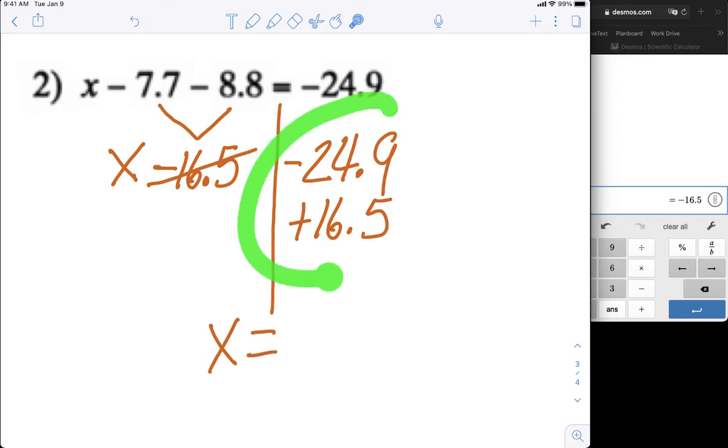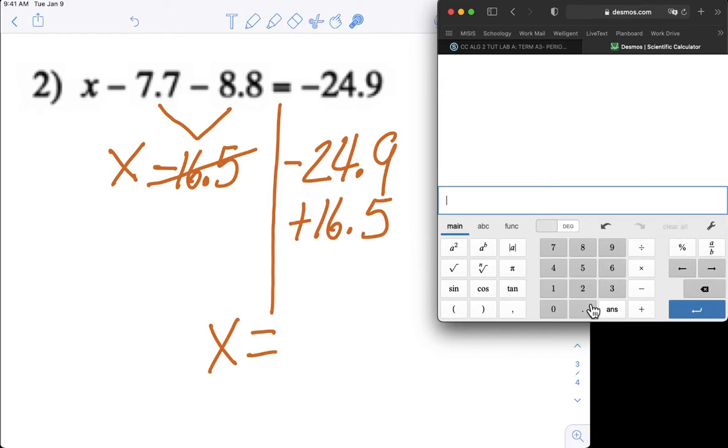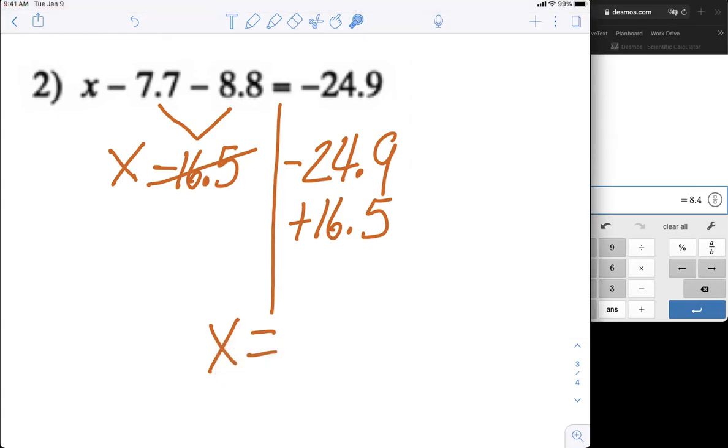So these are not the same signs. 24.9 and 16.5 are not the same. So I'm going to subtract them. So I'm going to clear that, and I'm going to say 24.9 minus 16.5 is 8.4.